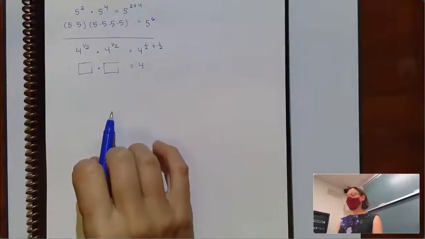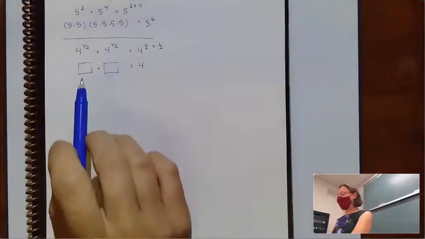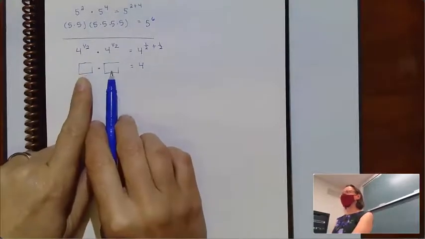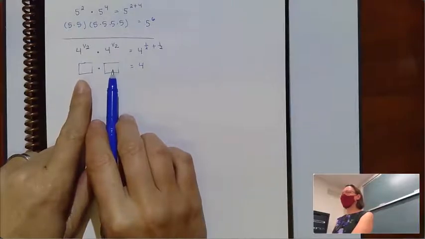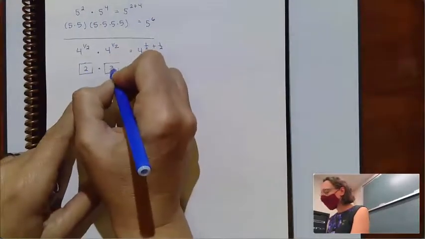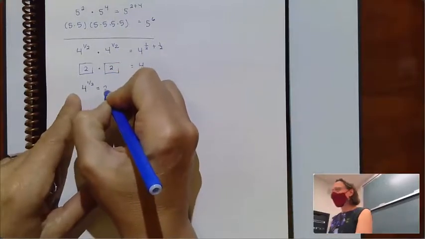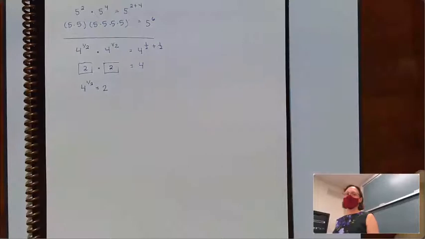Unfortunately, this says I have 4 to the 1/2 times 4 to the 1/2, meaning whatever goes in those 2 boxes has to be the same number. So the only number I can possibly put in there is 2. So 4 to the 1/2 is equal to 2.